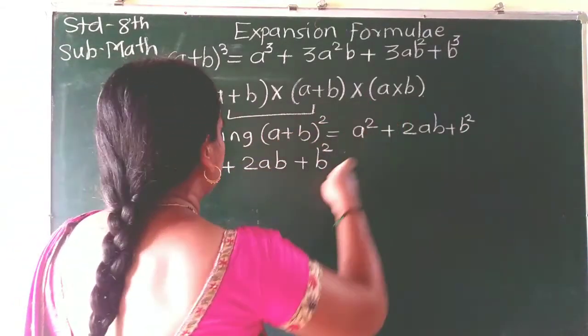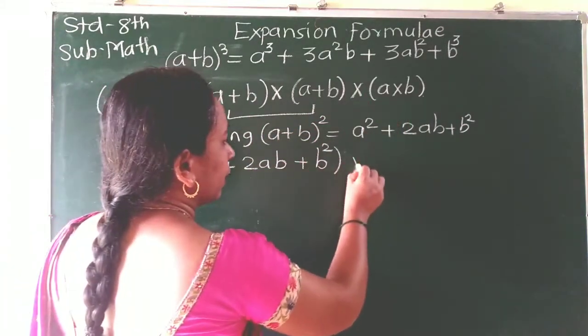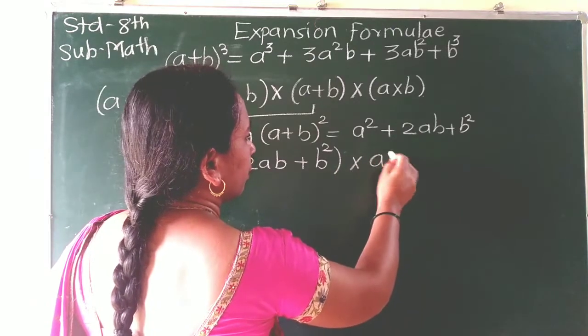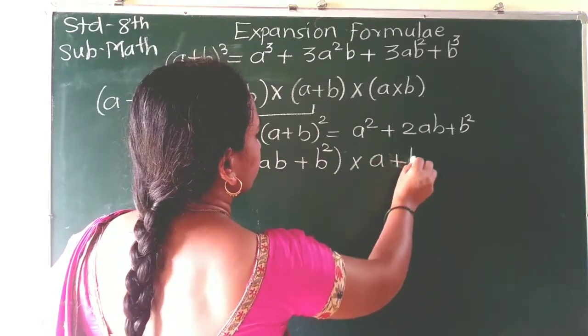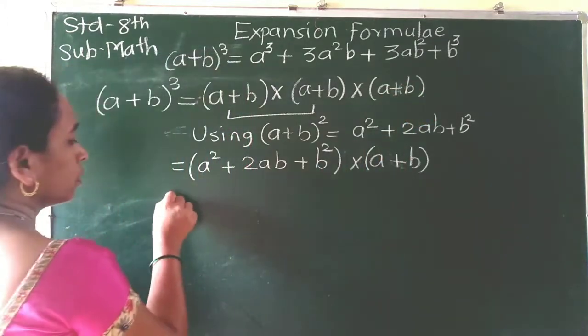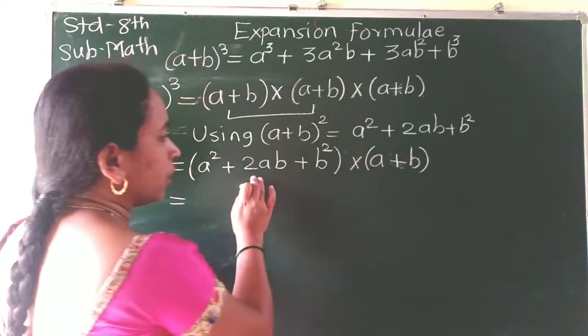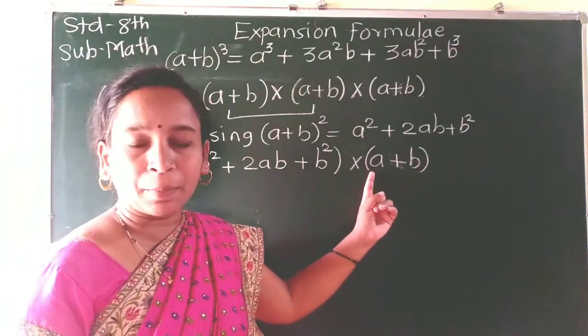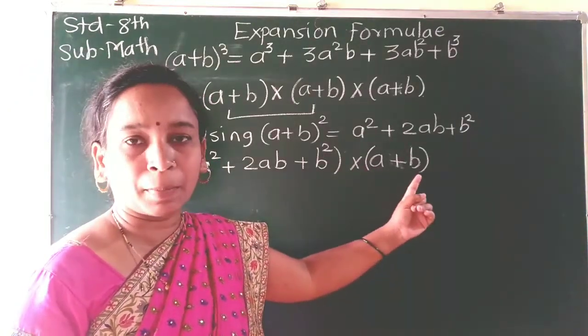Now this bracket is left. So this complete bracket I will multiply by (a + b). Each term of this bracket I have to multiply by a, and afterward I will multiply by b.